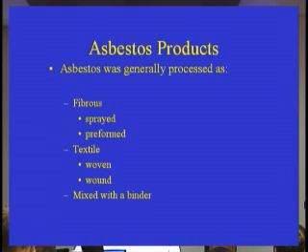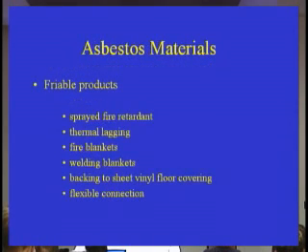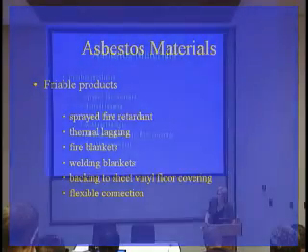As I mentioned, it's also woven into the textile industry, and there was a large textile industry at one point in time utilizing asbestos. There used to be asbestos blankets, and I hear firefighters used to utilize them quite frequently. It was used as a fire retardant, thermal lagging, fire blankets, welding blankets, backing to sheet vinyl floor covering, and flexible connections.